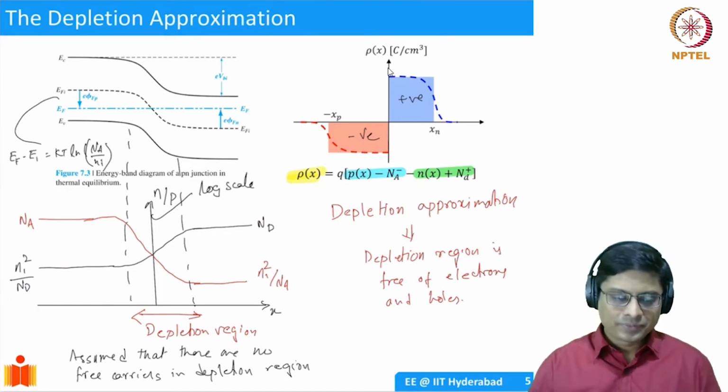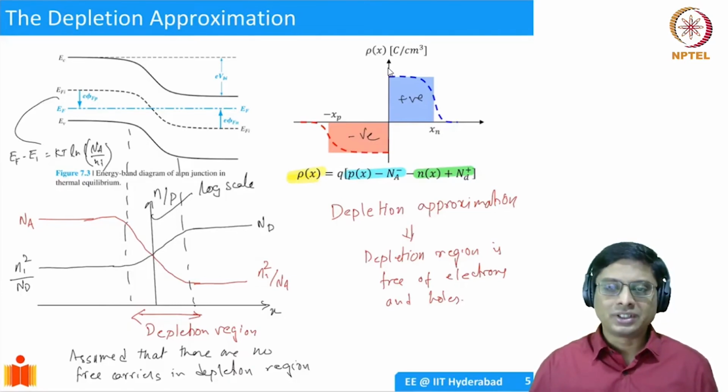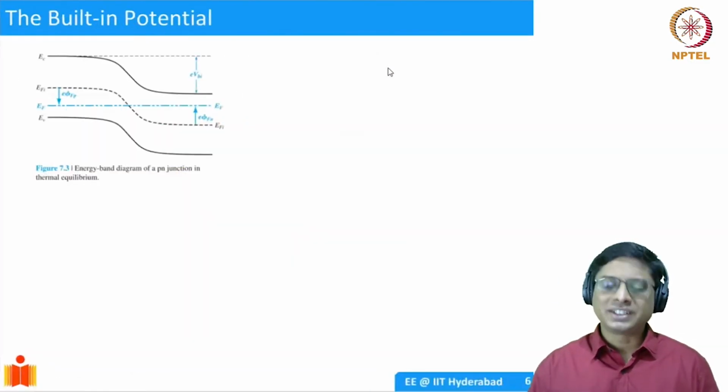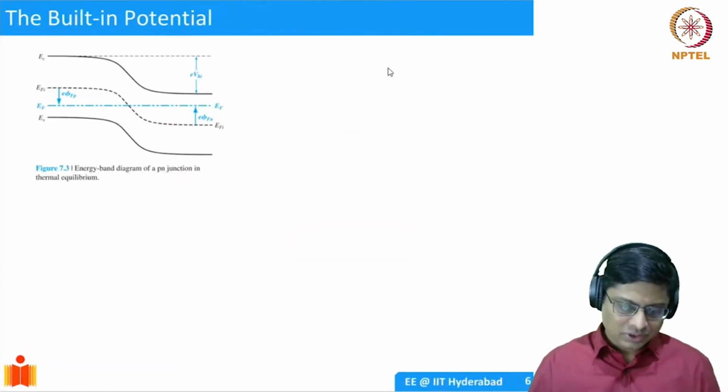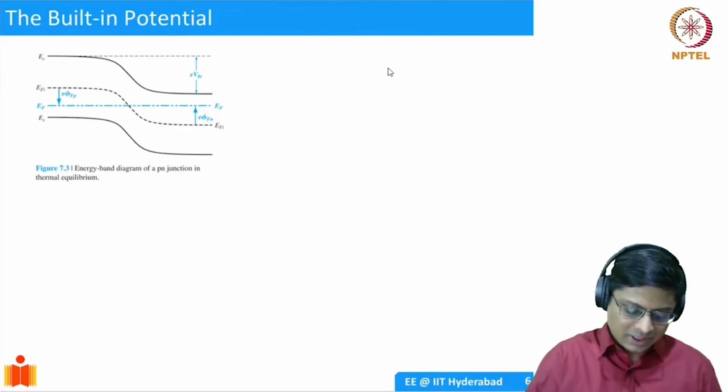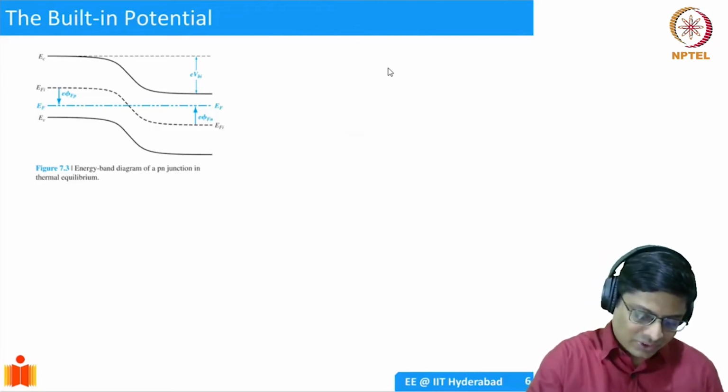All right, so this is about the band diagram. We want to find out what the built-in potential is. If you remember, we had given an expression which is a quadratic form for the built-in potential. That's not a very convenient thing to actually use, so I'll give you a simplified expression. Let's see what the built-in potential is here.